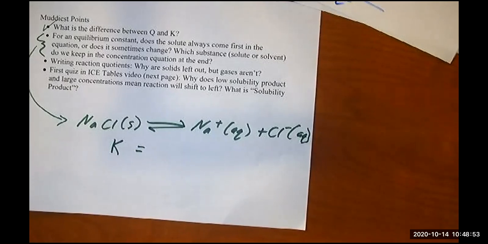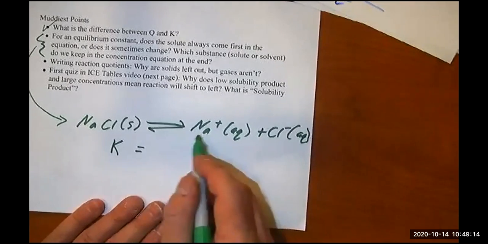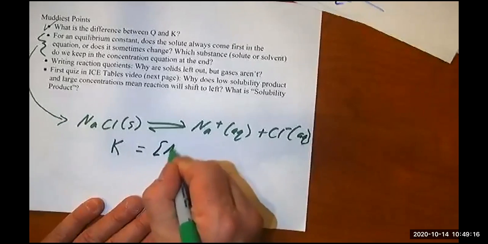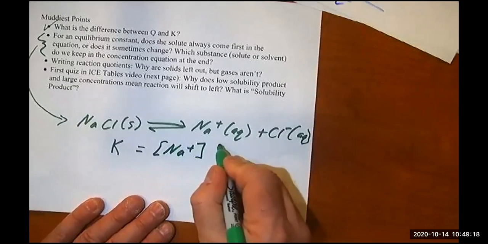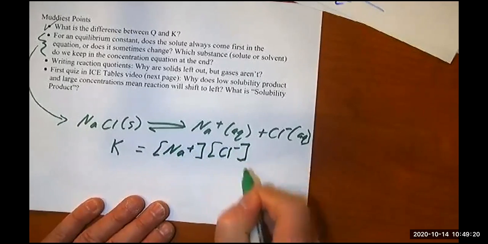Can anybody tell me how to start doing that? So the chat says put products on top. Okay, that's right. So our products are going to be Na plus, Cl minus.